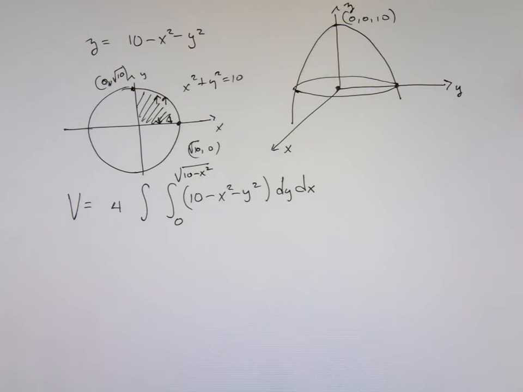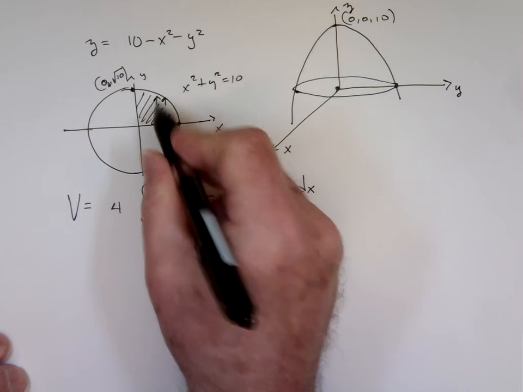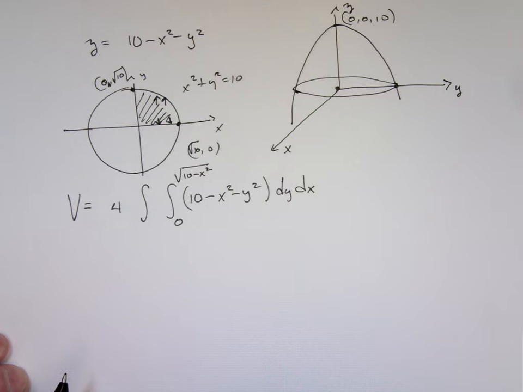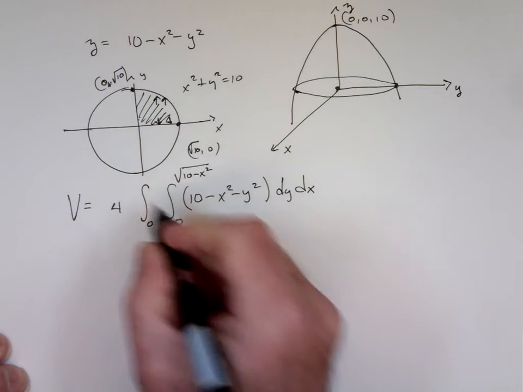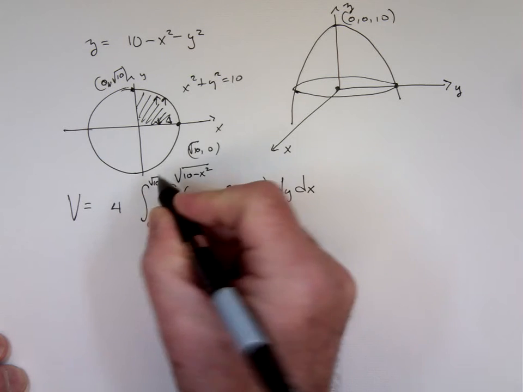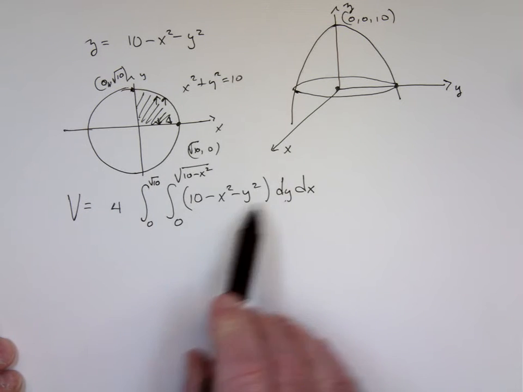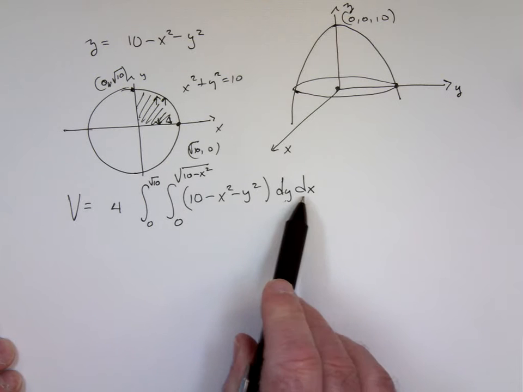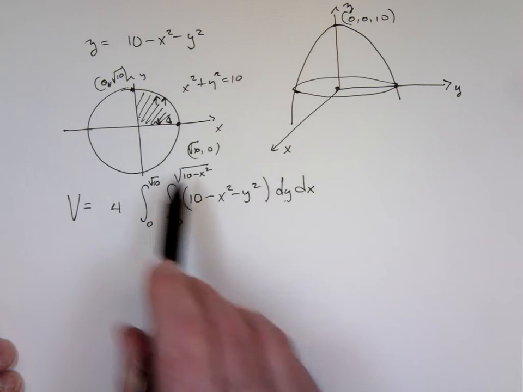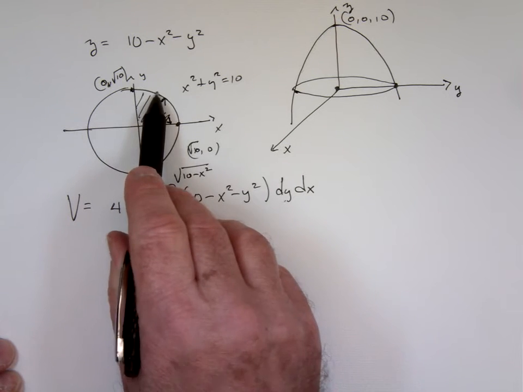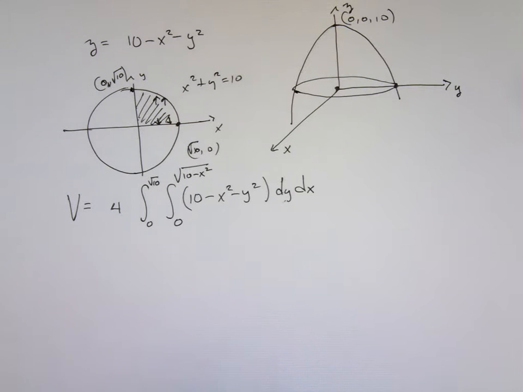Y's are going to go from 0 until we hit the function. The x's are going to go from 0 until the square root of 10. Okay. The innermost limits are going to be in terms of the outermost variable. These will be in terms of x, but this one is 0 to when we hit square root of 10 minus x squared. All right. That integral will give us the exact volume.